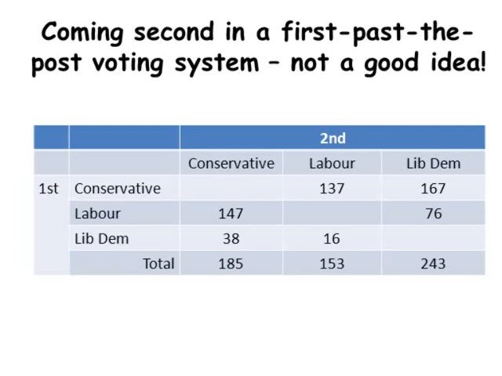Well, coming second in a first past the post voting system is simply not a good idea, and this table shows you that for the Conservatives, in Conservative-won seats, Labour comes second in 137 of those constituencies, and the Liberal Democrats come second in 167.